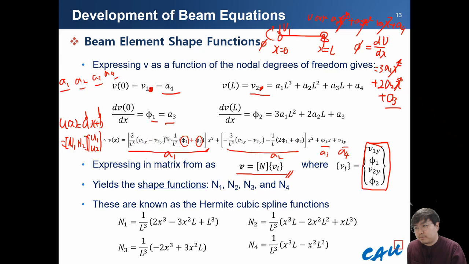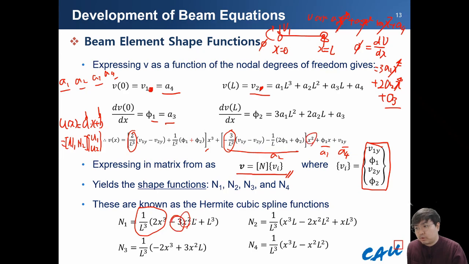Here, first check v1. V1 has 2 over L cubed times x cubed, this is the second part. And then here we have L square minus 3 times x square.